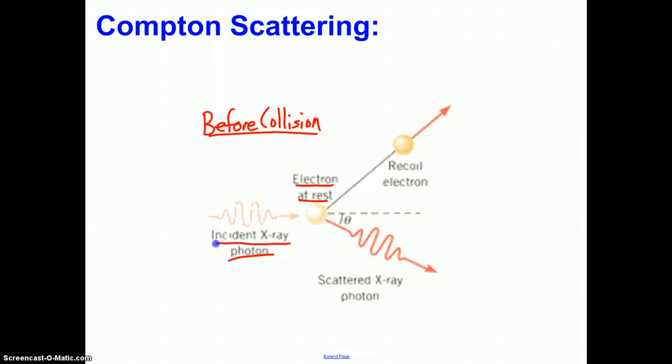After collision, we have the scattered X-ray photons move down and to the right in this diagram, and the electron moves off above the x-axis, above right.